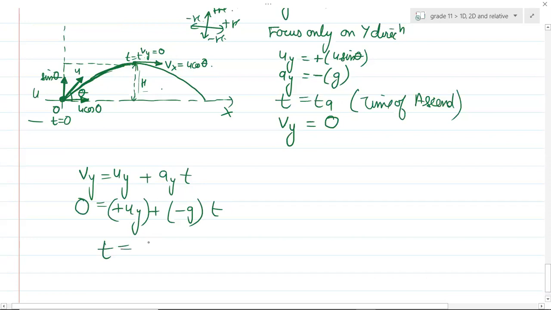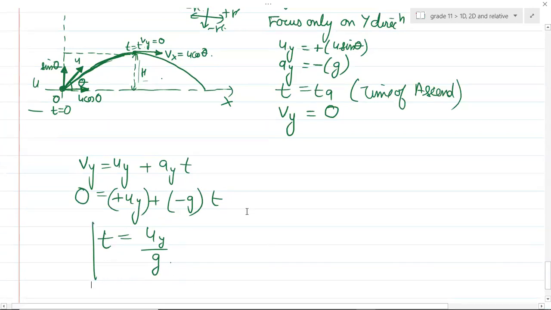So from here, please remember, t will be equals to the vertical velocity divided by g. And what was Uy by the way? Uy was equals to U sine theta. So this will be your time of ascent.